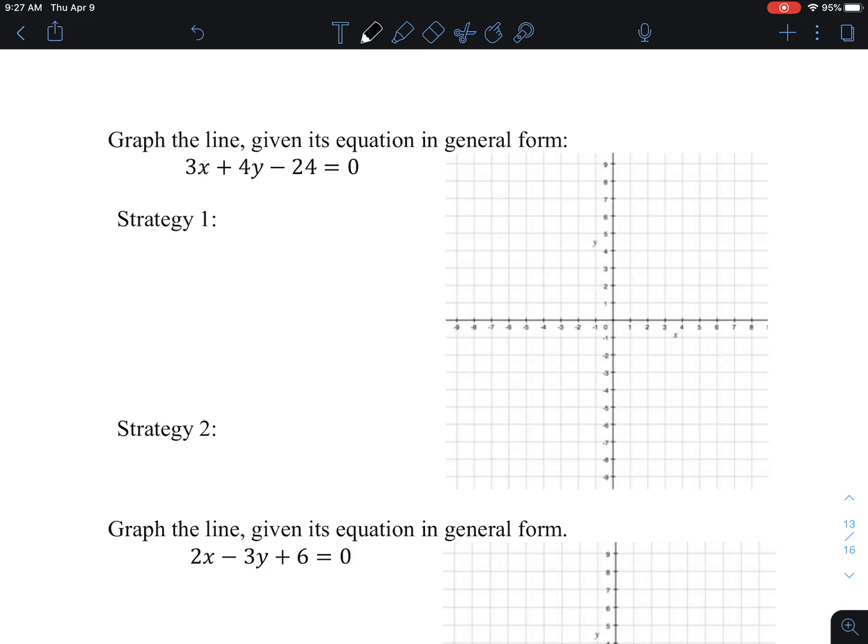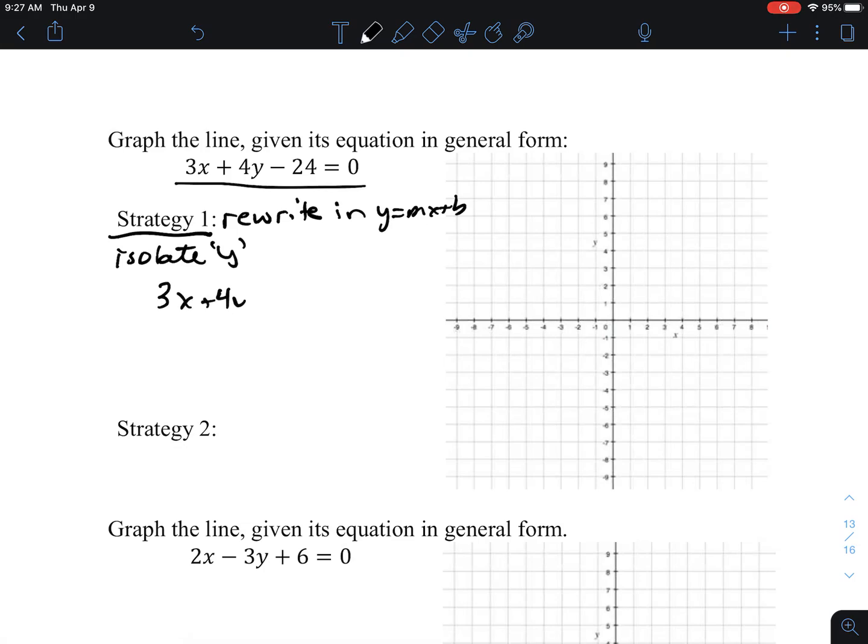All right, and now our other skill is to graph a line given its equation in general form. And we have two strategies. So the first strategy, we want to try to rewrite the equation in y equals mx plus b. So to do that, I need to isolate y.